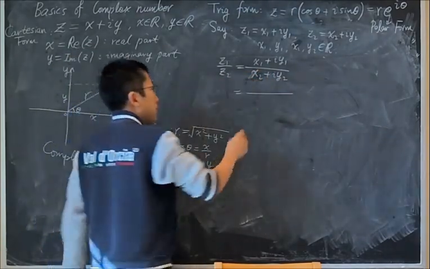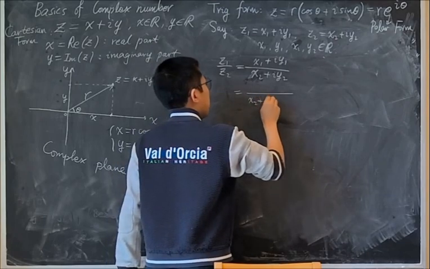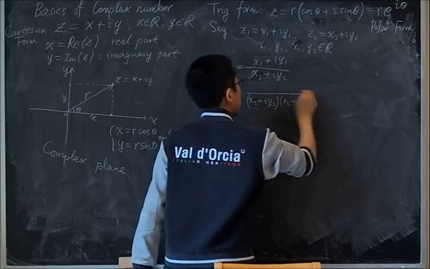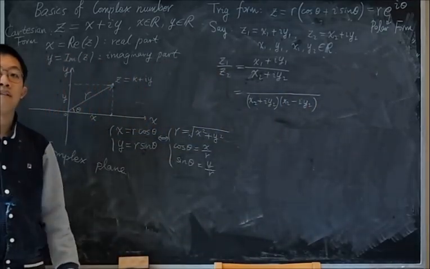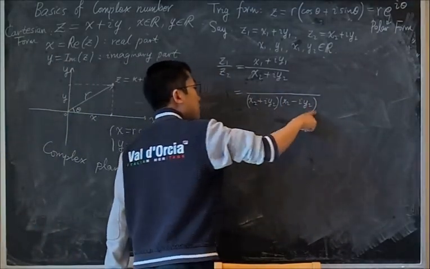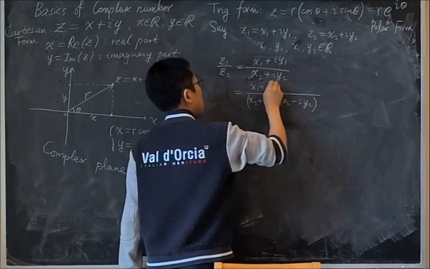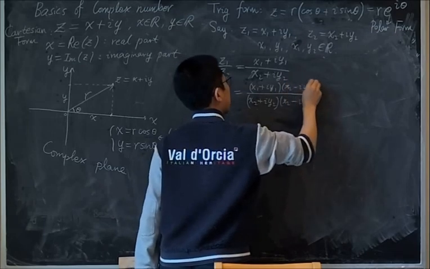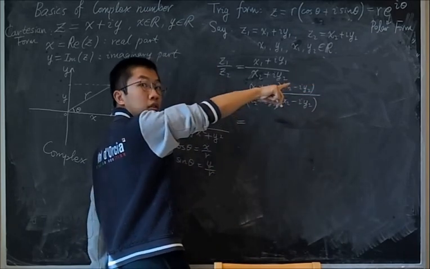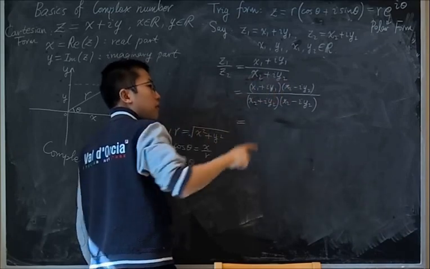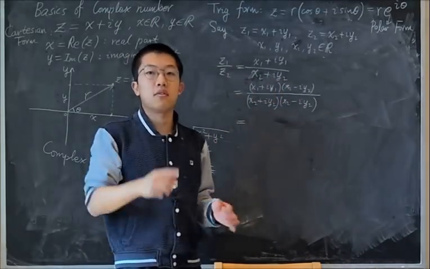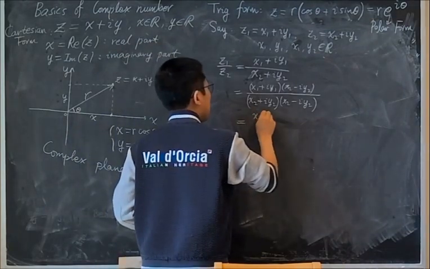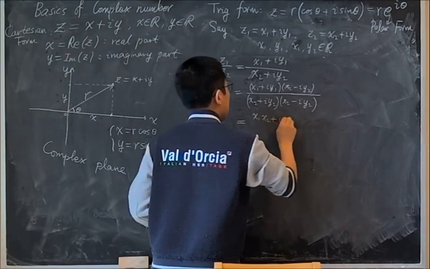To do this, what we do is like this, and we just multiply the same factor on the denominator as well. For the top part, we just perform exactly the same rule as how we did the multiplication. We just did it, so this time I'll directly write out the result.